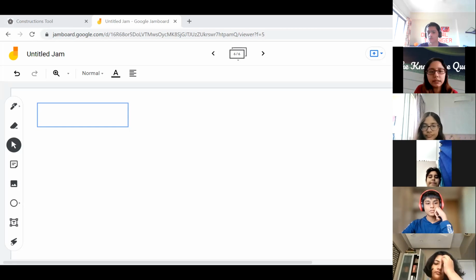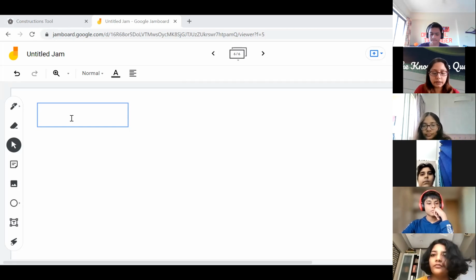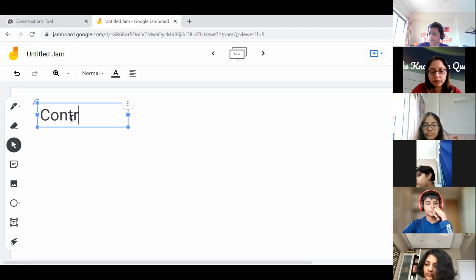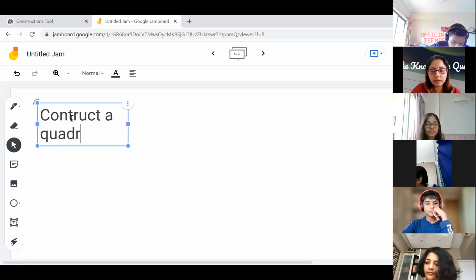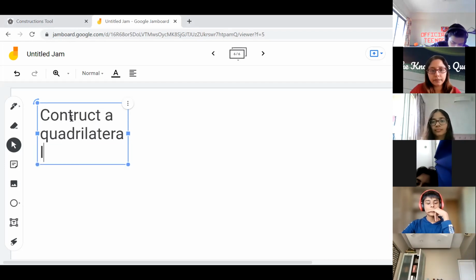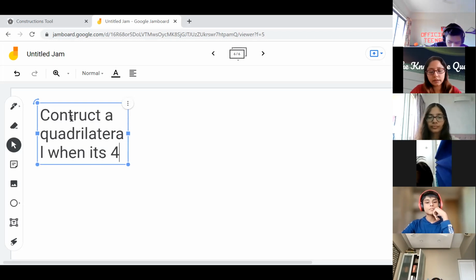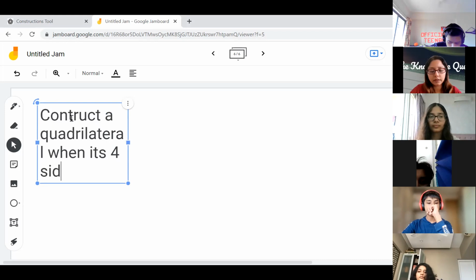So the first one is: construct a quadrilateral. You will have to write this, please. Construct a quadrilateral when its four sides and one angle are given.